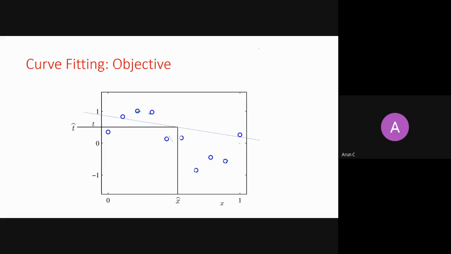It says I have different choices of functions. One can be a line, and there are infinite lines, because a line is defined by slope and intercept: this is one line, second line, third line.